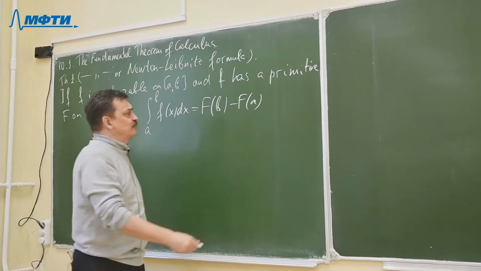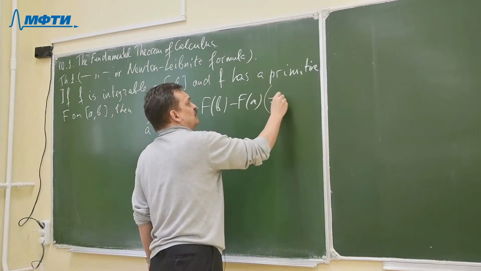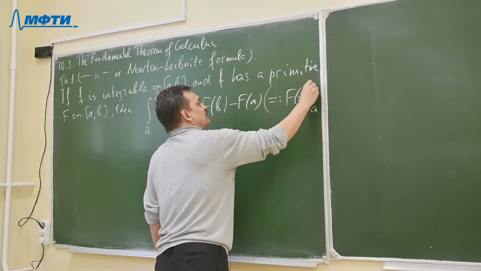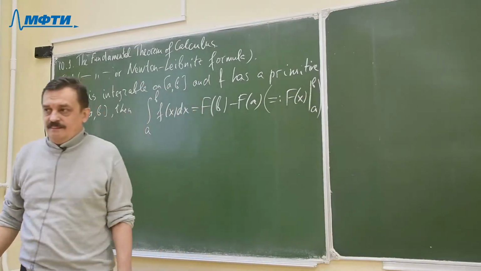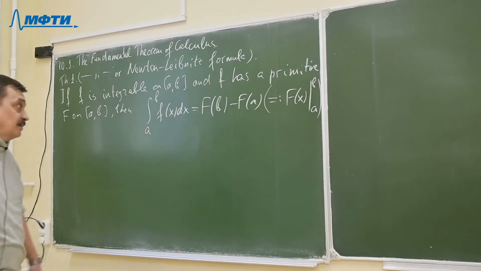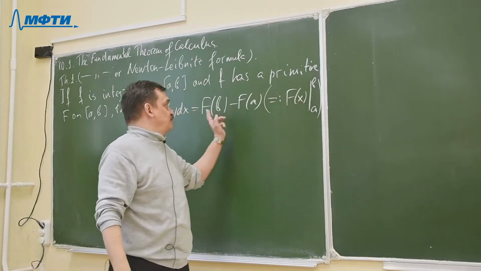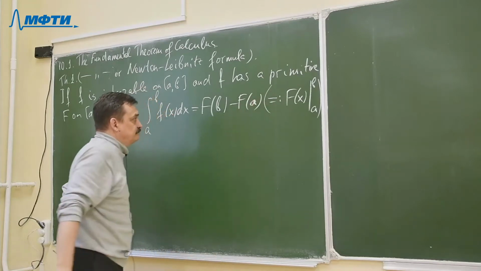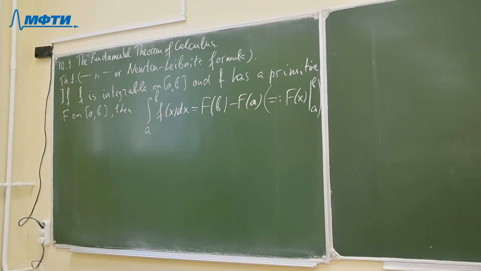And there is a notation. We'll denote the last difference this way: capital F varies from B to A. That is just a notation.